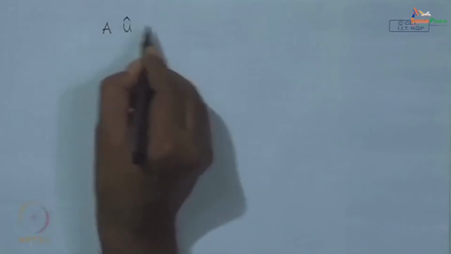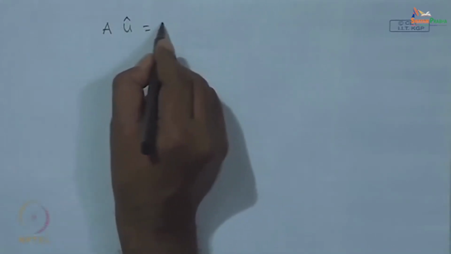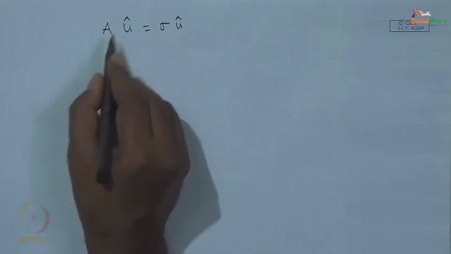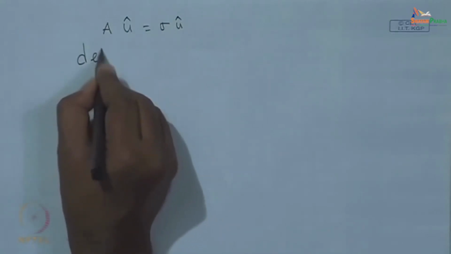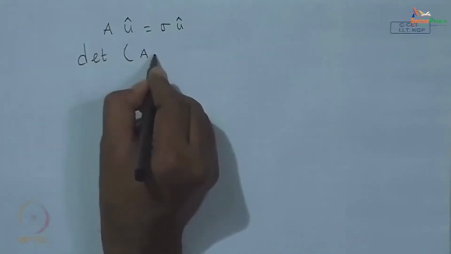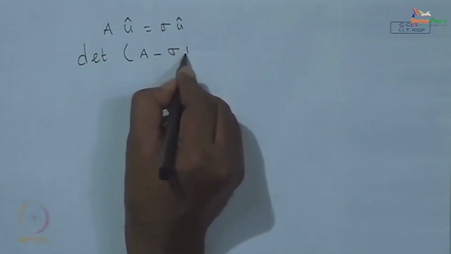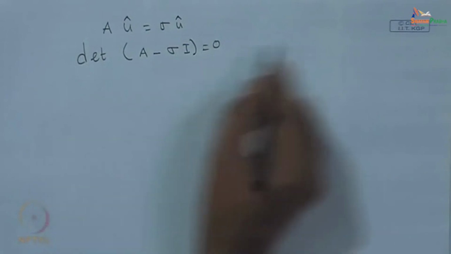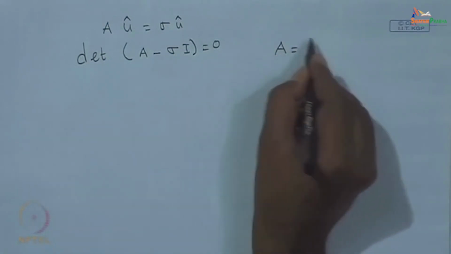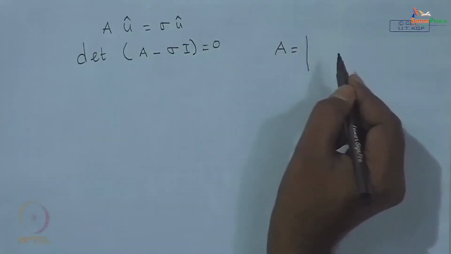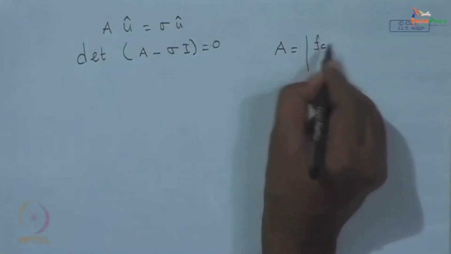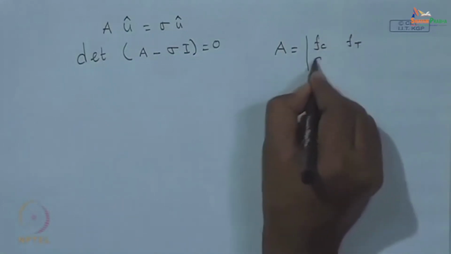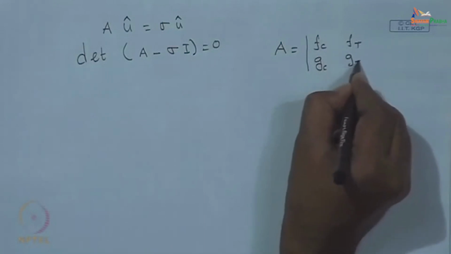So, for the evaluation of the eigenvalues, if you look at the matrix equation A u hat is equal to sigma u hat, the eigenvalues are obtained by evaluating the determinant of A minus sigma I equal to 0. The matrix A is nothing but the Jacobian matrix containing F c, F t, G c and G t.